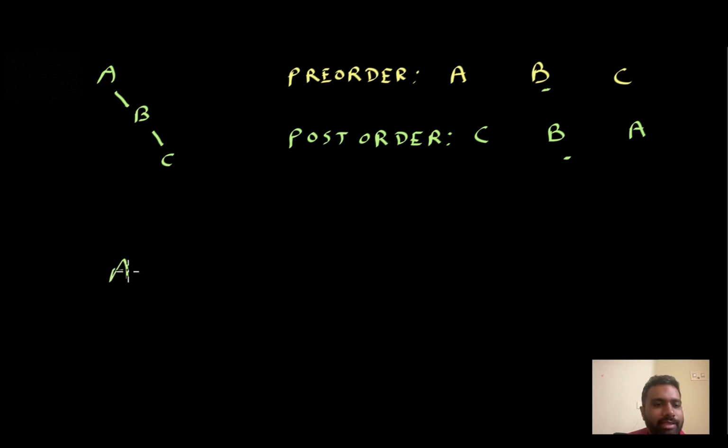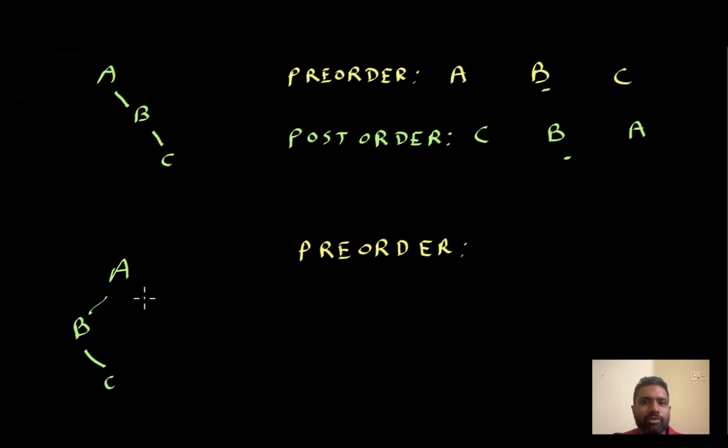So let's say A, B is given, hypothetically. Let's say you are asked to write a pre-order traversal of this tree. In pre-order, first will be the root, then the left child, then the right. So the same pre-order you have obtained.